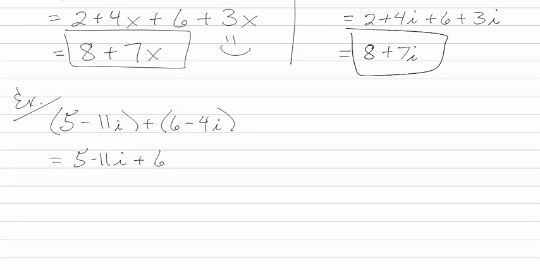Parentheses aren't doing anything. They're not doing us any favors. All right. Now we'll combine like terms. We have 5 and 6 is 11. Now negative 11i minus 4i. Negative 11 minus 4 is negative 15i. And honestly, that's all there is to it.